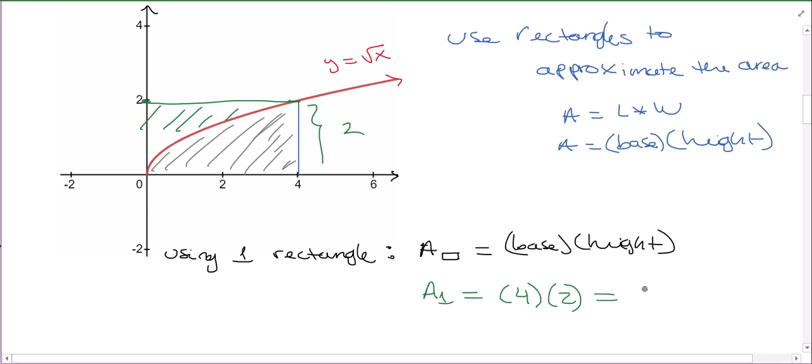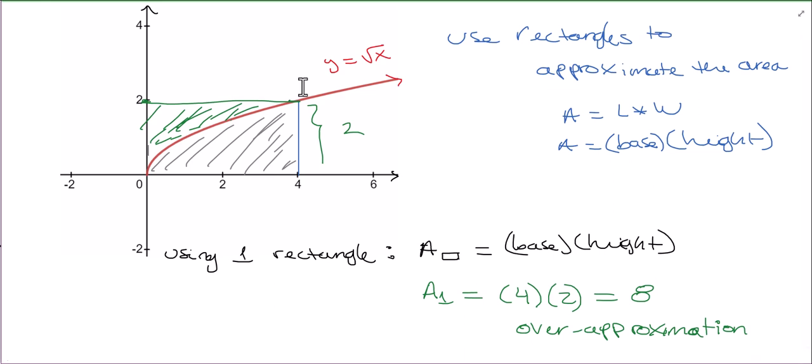So this will be 8 and then a measure of distance. But this is an over approximation. Can you see why? We have this extra green area that is not part of the area under the curve, right? That's above the curve, so this will be an over approximation.